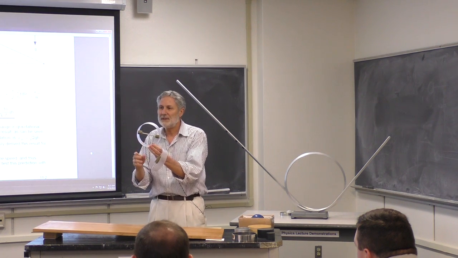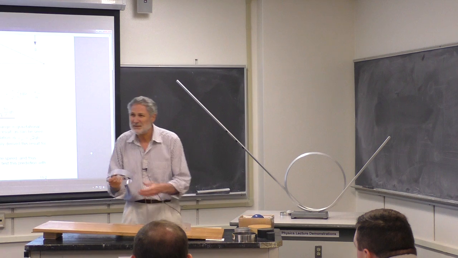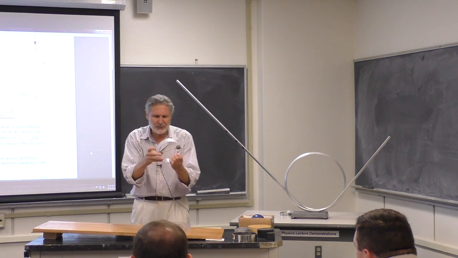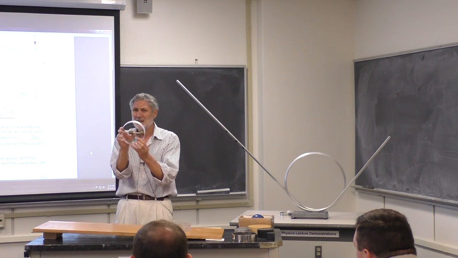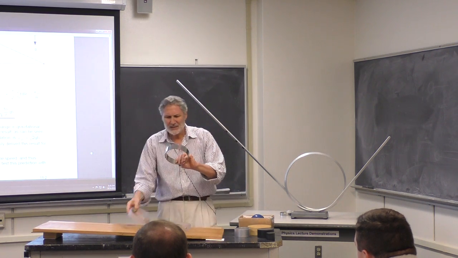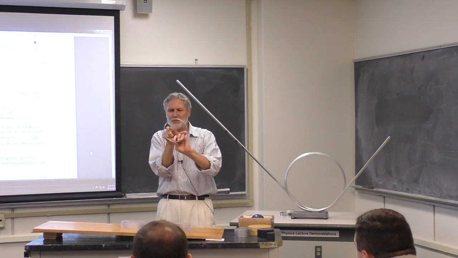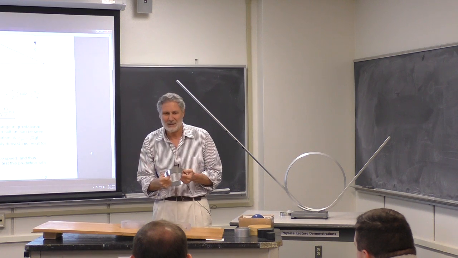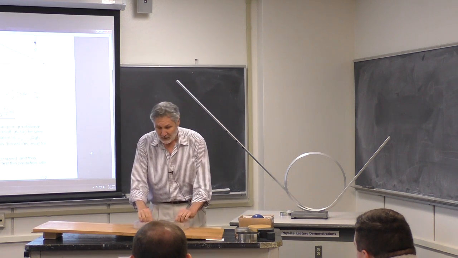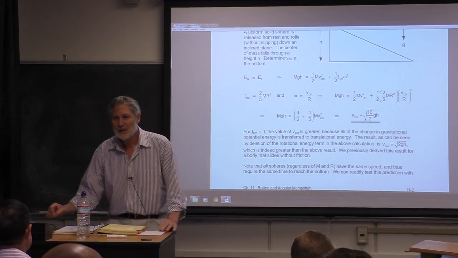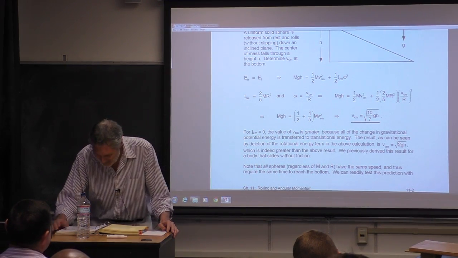Why would you go to the trouble of making this beautiful thing? These things slide, incidentally. This is beautiful, right? Why would you make this if the moment of inertia here was dominating the change in moment of inertia there? That's stupid. But that's part of their business, evidently. It's a deal on steel hoops like this.